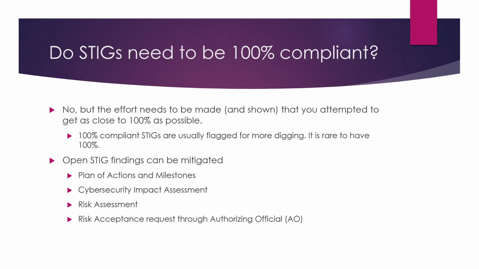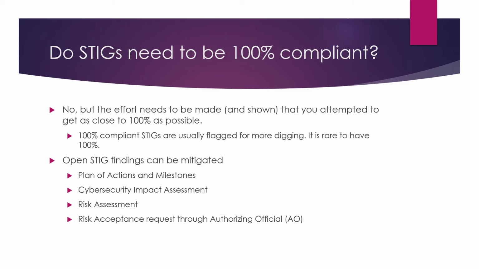And typically to fill out a plan of action and milestones and to have a STIG be risk accepted, you need to do what's called a cybersecurity impact assessment. So you need to understand, well, what is the risk or what is the problem if I don't fix this? What do I have that can mitigate it? What does this affect overall on my system if I try to make this change?